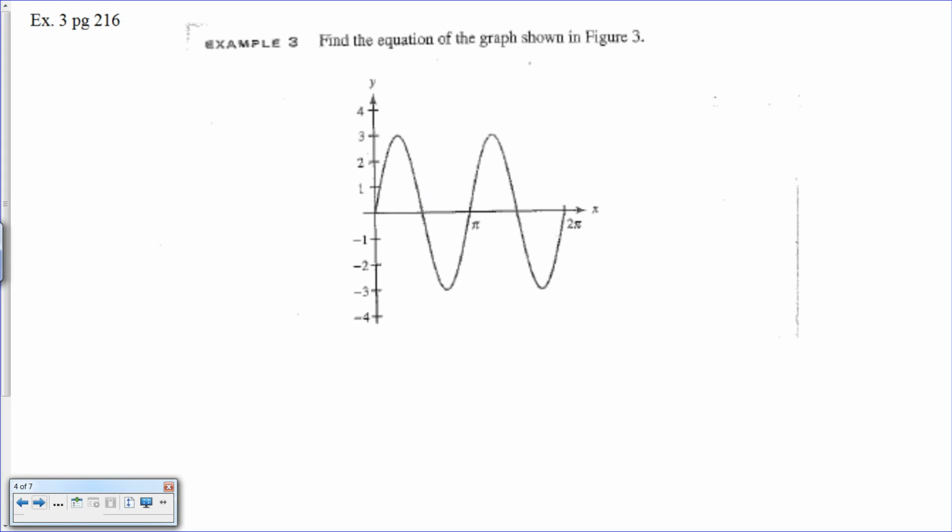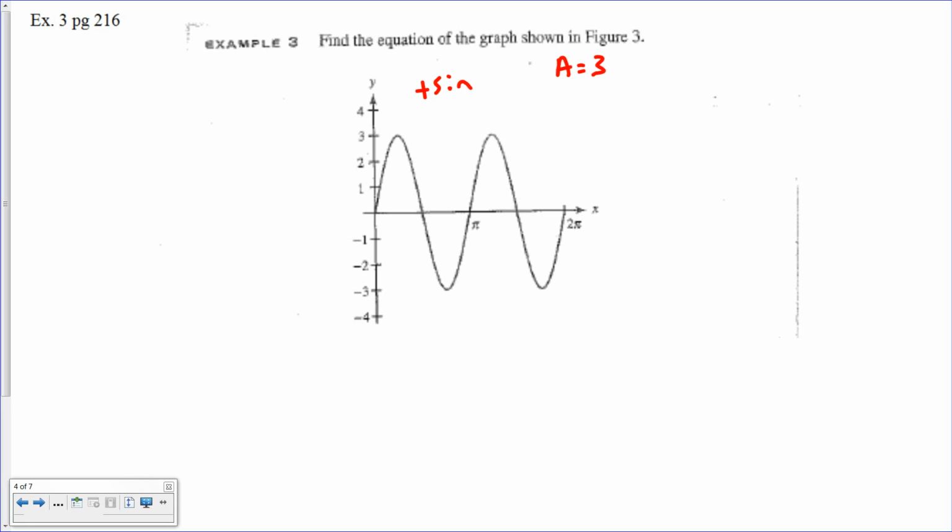Let's look at this one. Again, the question is, what is different compared to the regular graph? It starts in the middle, goes up. I now see it's going to be a positive sine again. That's the first thing I want to identify. Then the question is, what's different than the original? Well, one thing that's different is that the amplitude is 3.